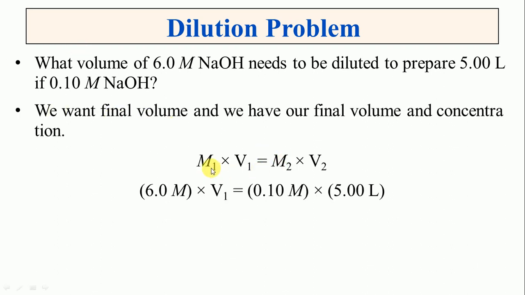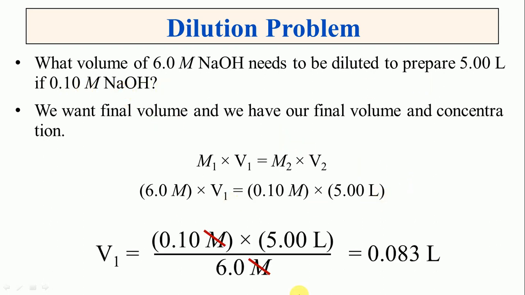So M1 is the initial concentration of the mother solution, V1 is the volume required to prepare the final solution, M2 is the concentration of the final solution, V2 is the volume of the final solution, and here M2 is 0.1 molar and V2 is 5 liter. So V1 is 0.083 liter, and this is the formula by which we calculate the dilution.